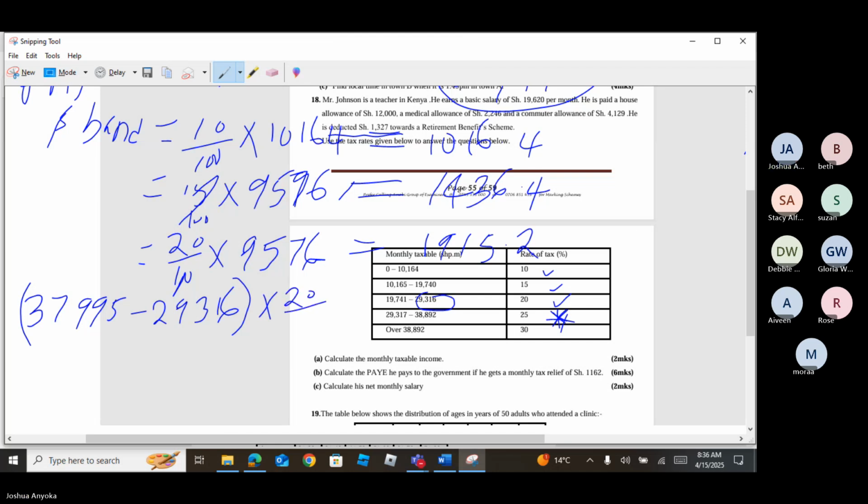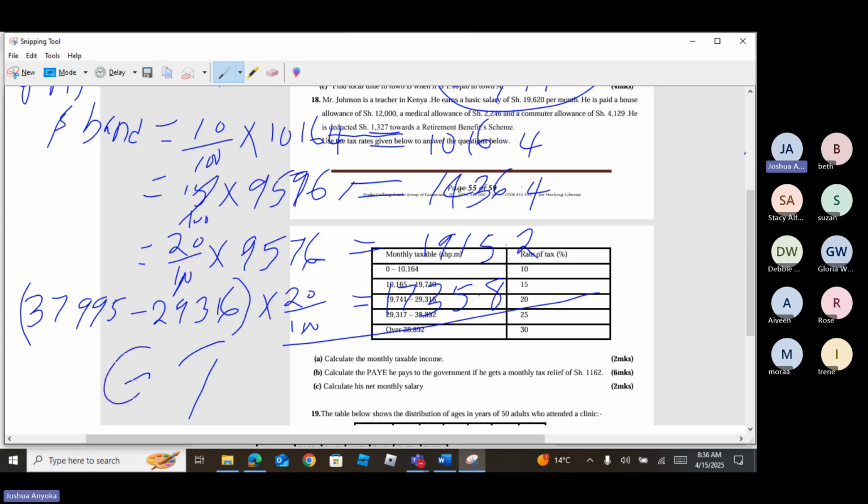What do you get? That is 8,679 times 20 over 100, which gives 1,735.8. Then you add. What we get here is called gross tax in Kenya shillings.